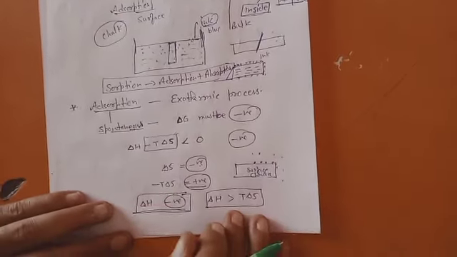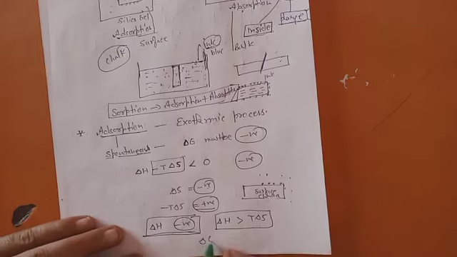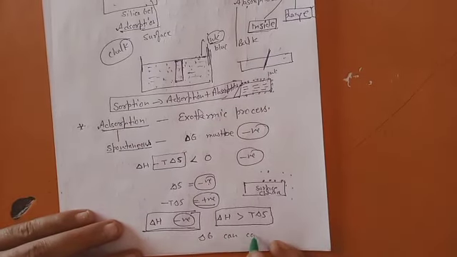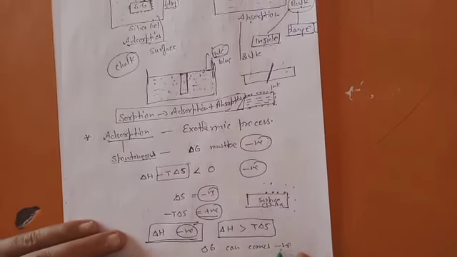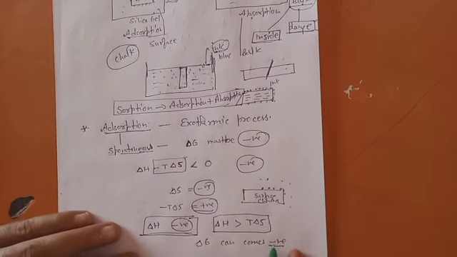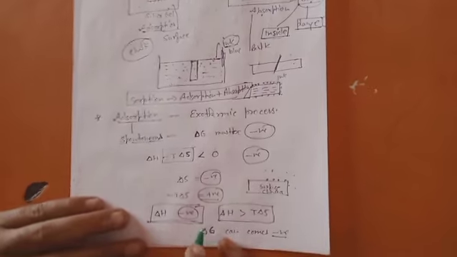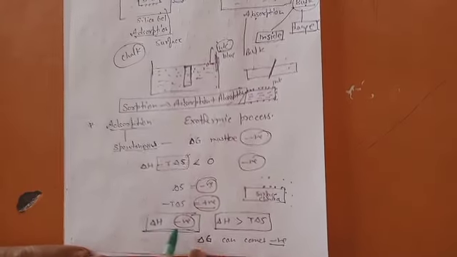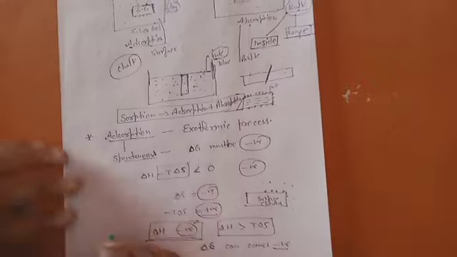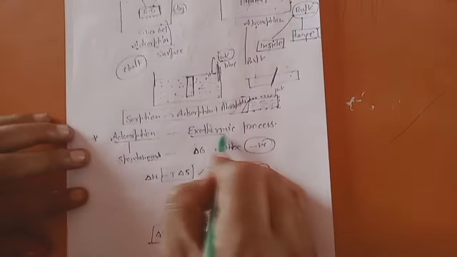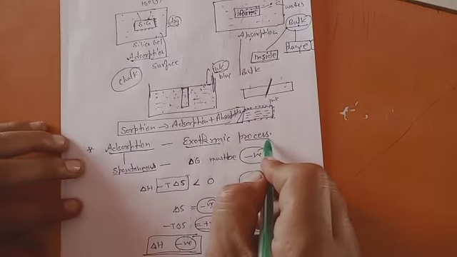Only in that condition can delta G come out negative and the process be spontaneous. We already know that delta G is negative, so that is why we can say delta H is always negative, meaning adsorption is always an exothermic process.